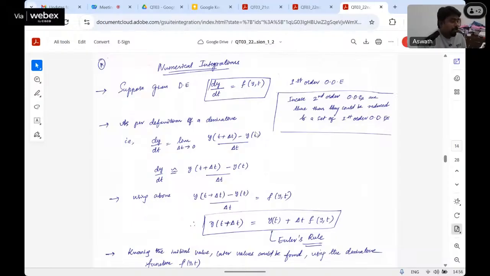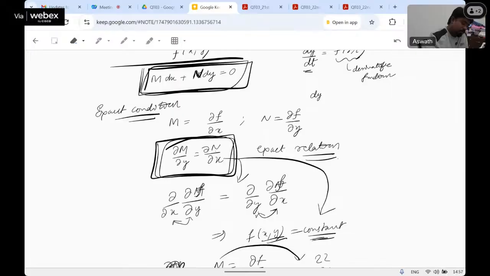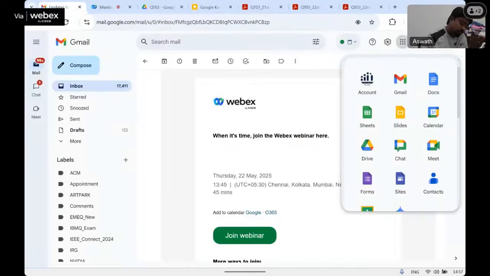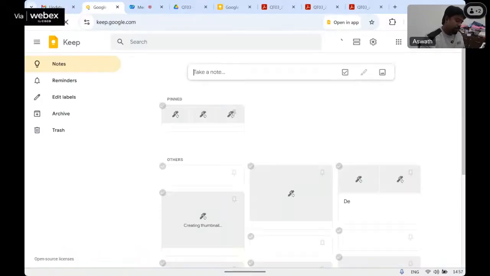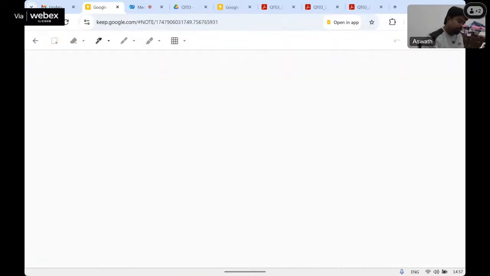So let me quickly use my hand note. Let's use a new note. So numerical integration is using programming to solve differential equations.